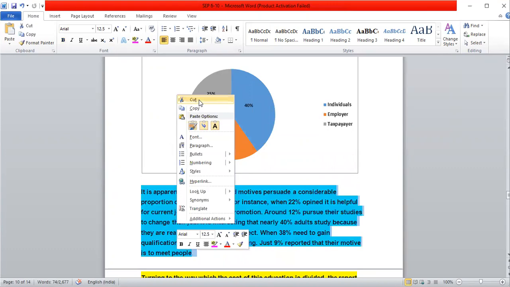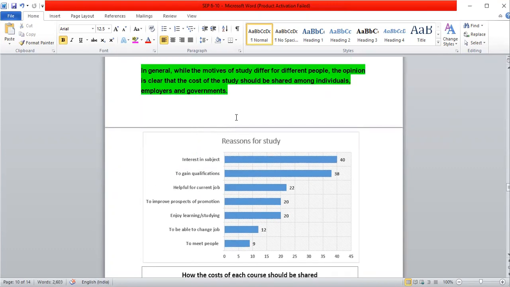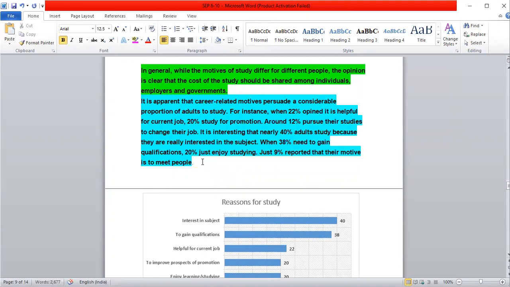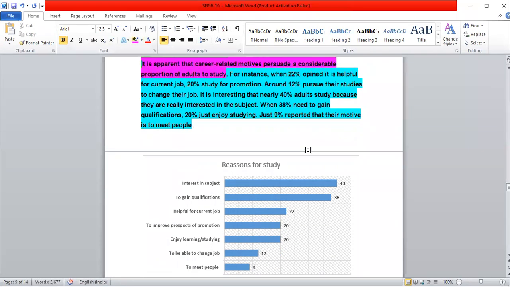I'll paste it there on top. It will be visible for you. Yes, it's apparent that the career-related motives persuade a considerable proportion of adults to study. This is the first topic. So career-related motives persuade a considerable proportion of adults to study.